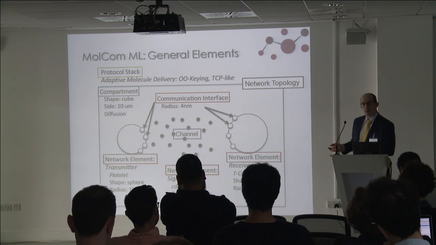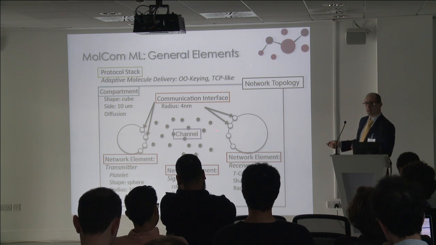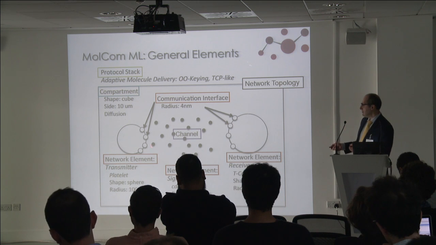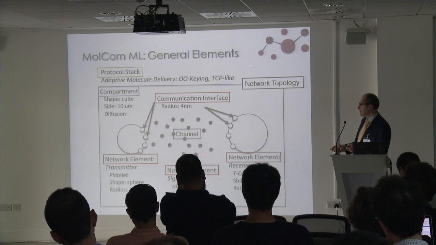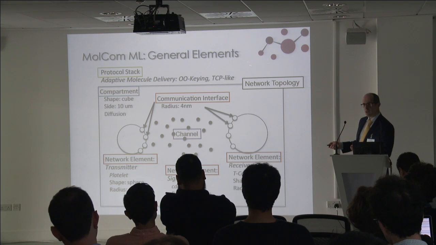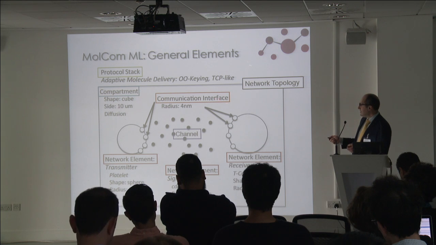Network elements are transmitter, receiver, the so-called carriers. These carriers are, for example, proteins or ions or everything that propagates and brings information from the transmitter to the receiver. We will see communication interfaces.